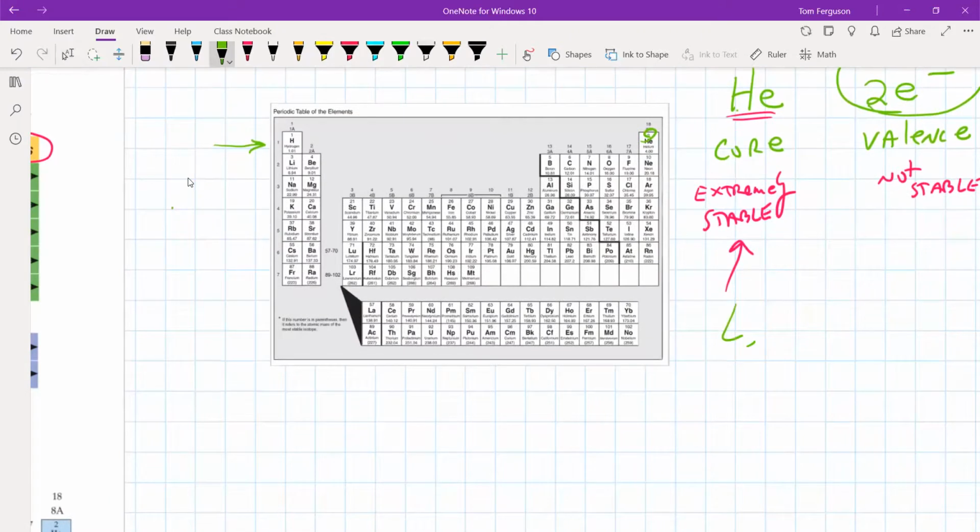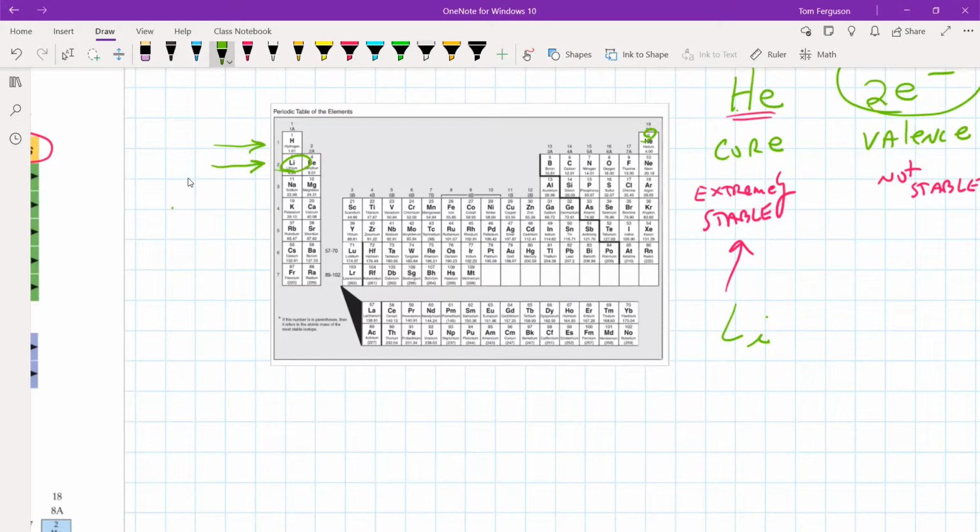lithium. Okay, now lithium is here. And notice lithium is on shell 2. That means it has a shell below it, shell 1. So lithium has both shell 1 electrons and shell 2 electrons.